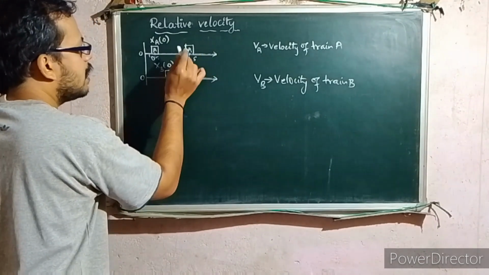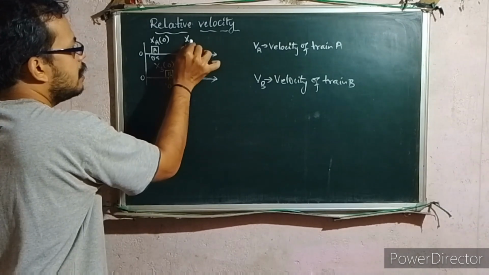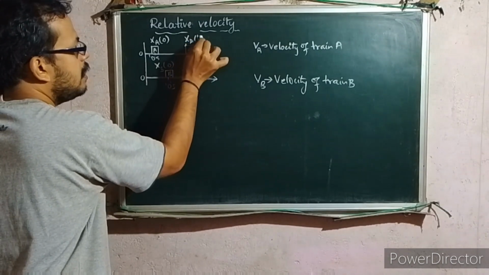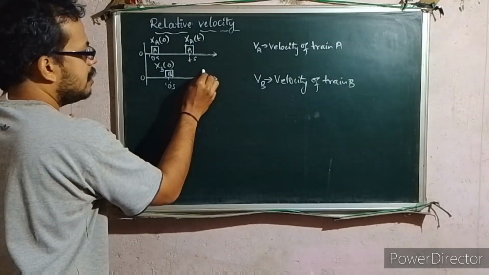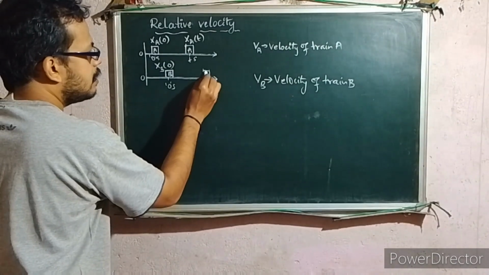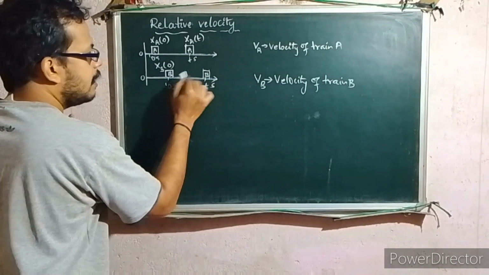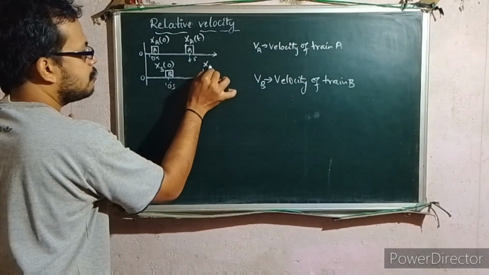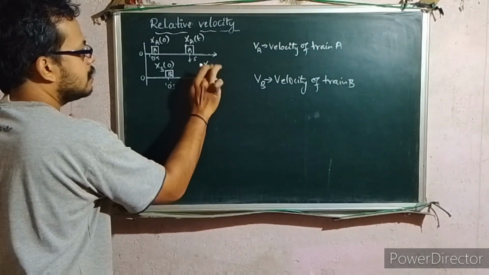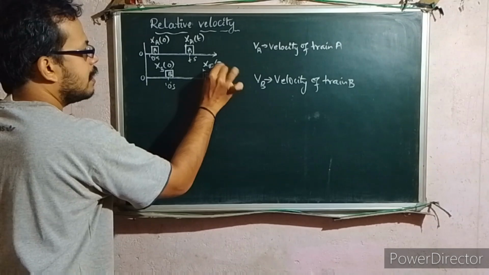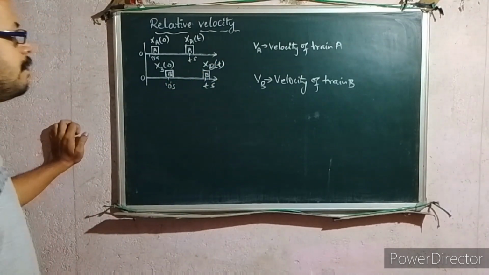Now the time is t seconds, and it reaches XA of t, I will consider, and the train B reaches here, that is again after t seconds, and I will consider this position as XB of t.